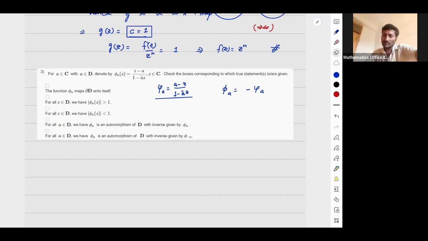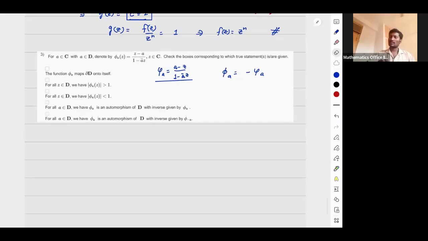So the first option says the function phi a maps boundary of D onto itself. Okay, I think we should check it. When modulus of z is equal to 1, what is modulus of phi of z?